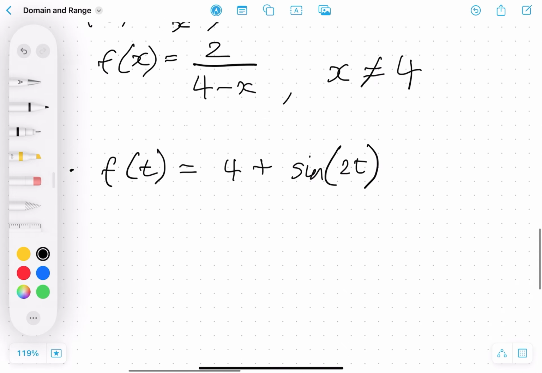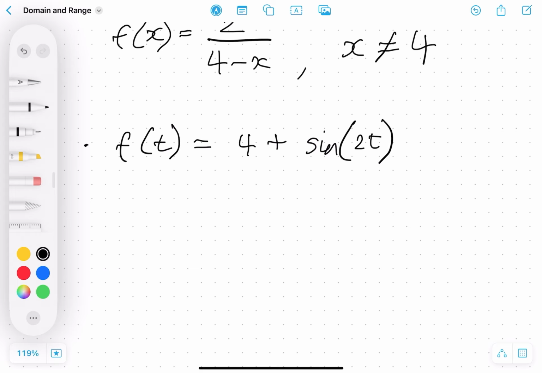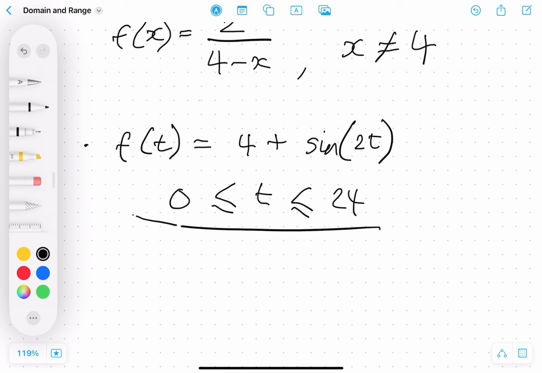And t is the time in hours. So therefore, the domain for this would be t is between 0 and 24, because there are between 0 and 24 hours in a day. And t cannot be greater than 24, nor can it be less than 0 for each day. So hence, this would be the domain. We have restricted it by choice here, just so that it makes sense, because in a day we only have 24 hours.